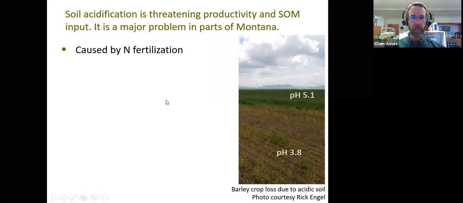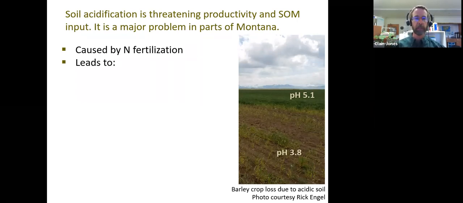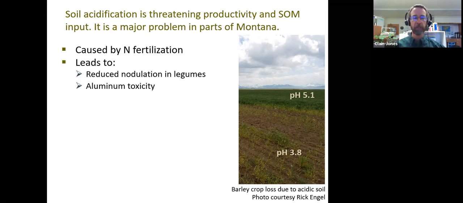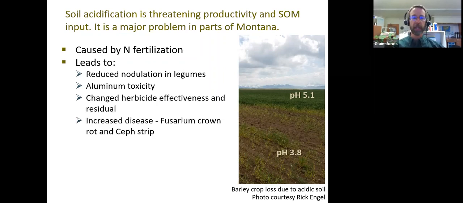So the major cause, at least in ag land, is nitrogen fertilization above crop needs. It can lead to poor nodulation in legumes, so then poor nitrogen fixation. Aluminum toxicity. Aluminum is found naturally in the soil and it's released by low pH. It can affect herbicide effectiveness and how much stays behind.